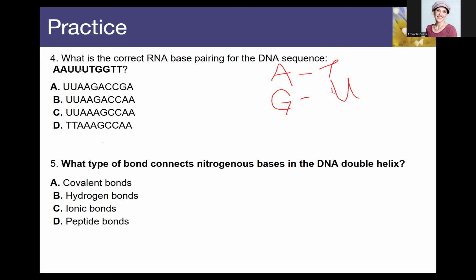And so A, T, T, U would pair with G, G, G. T would pair with A, G would pair with U, U, A, A. I have to write it all down just to make sure.